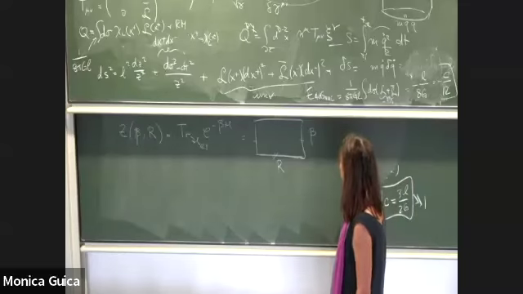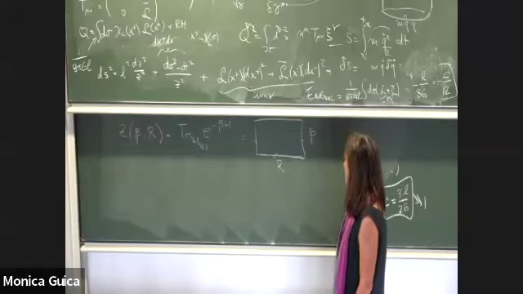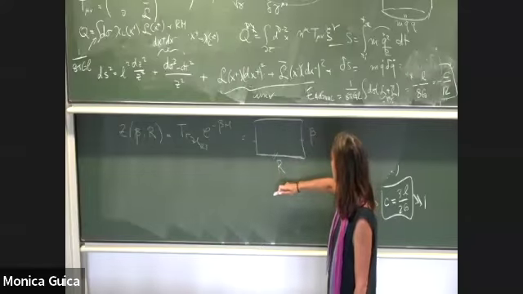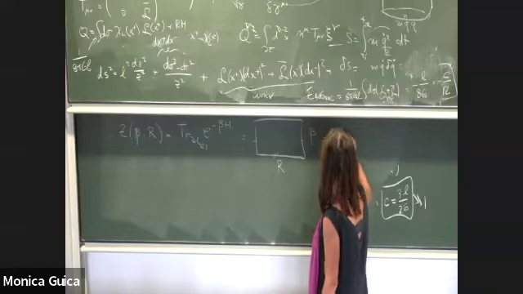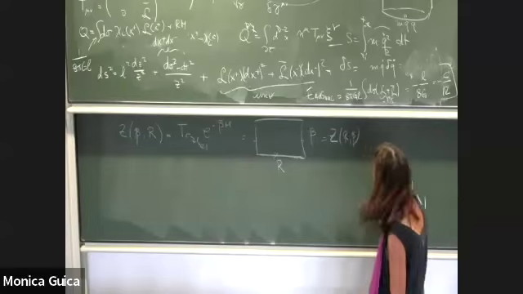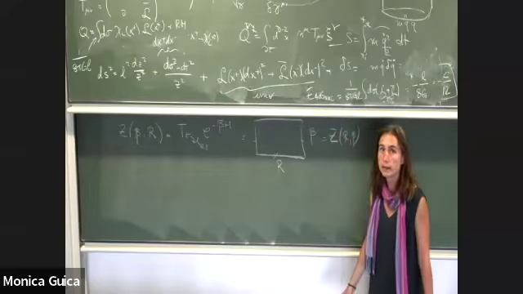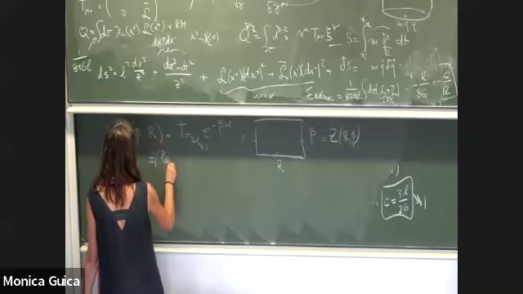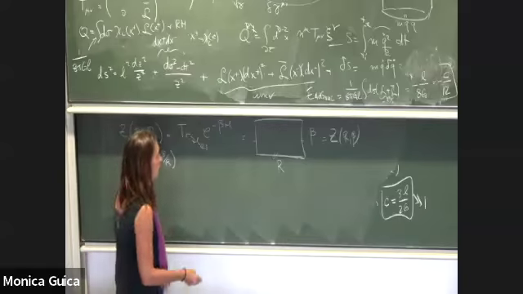Then the next step is to simply note that since I'm just computing a Euclidean partition function, from the Euclidean point of view, I could be calling this time and this space, or this time and this space. So Z of beta, R is equal to Z of R, beta, depending on how I interpret time. And then, because my theory is scale invariant, this only depends on Z of beta over R. It cannot depend on any scale, so it can only depend on the ratio of scales.